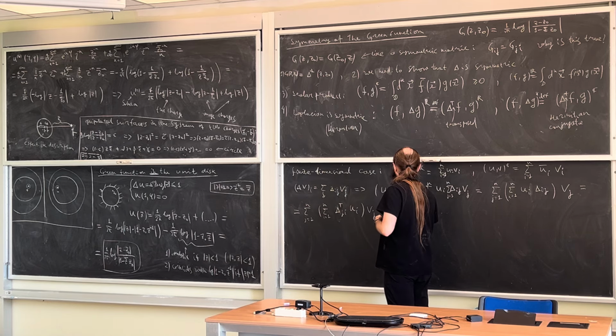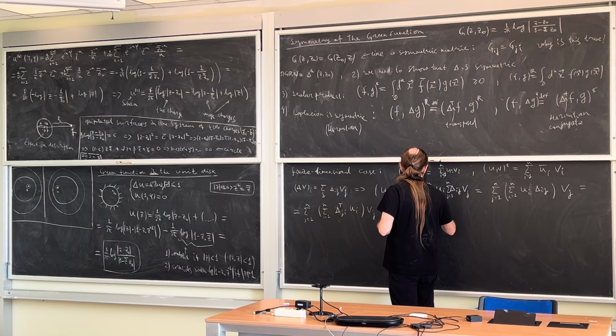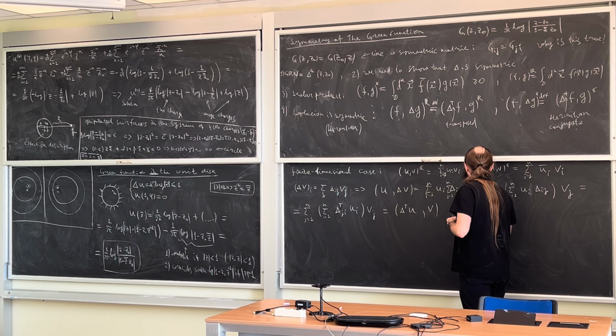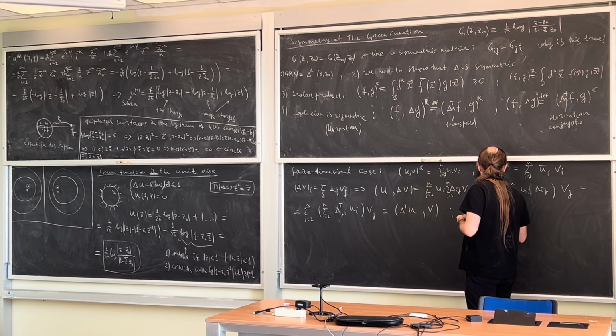So it's a scalar product between delta transposed u times v, where matrix elements of delta transposed ji equal delta ij.